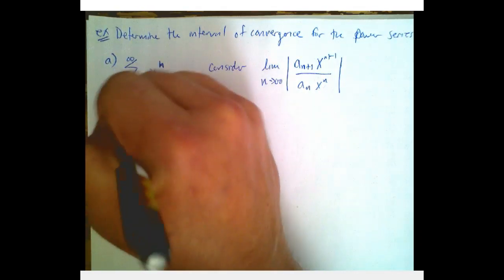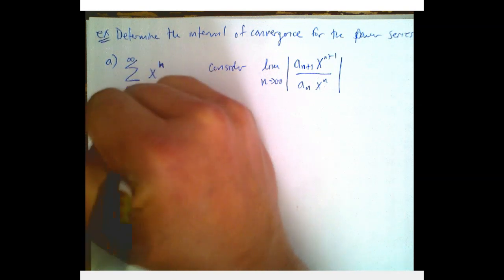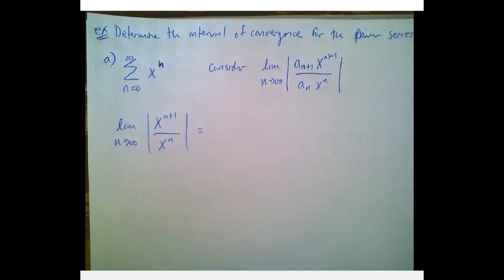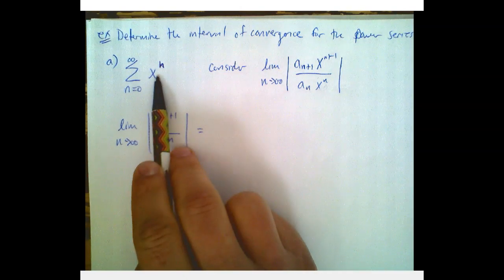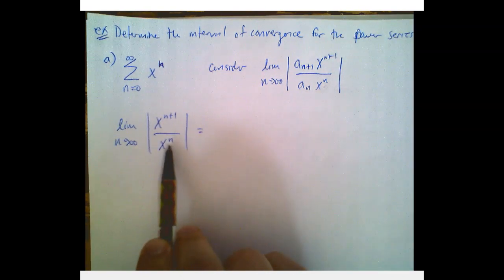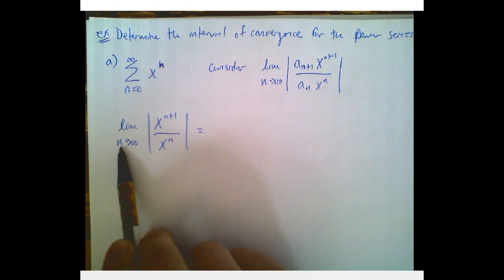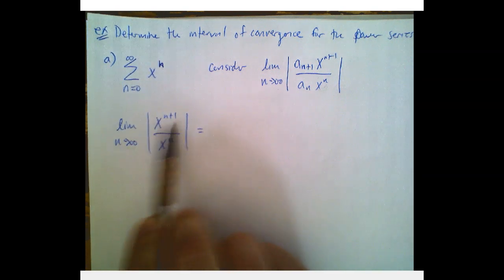Okay, so for the particular series that we have here, we'd be looking at the absolute value of x to the n plus 1 over x to the n. So again, the next term in the series divided by the previous term, and we're looking at that limit as n goes to infinity. So what is this?